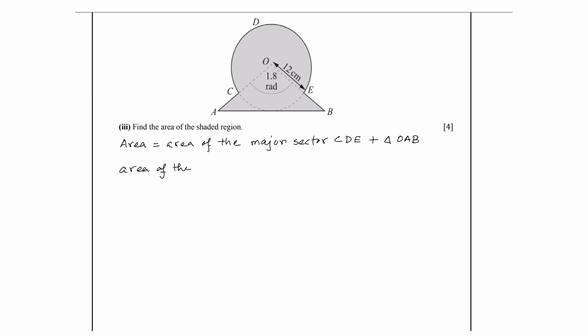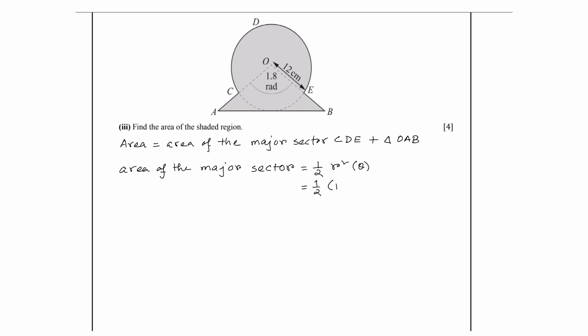So let's write area of the major sector is half times r squared times theta. Here r is 12 and theta is 2 pi minus 1.8.